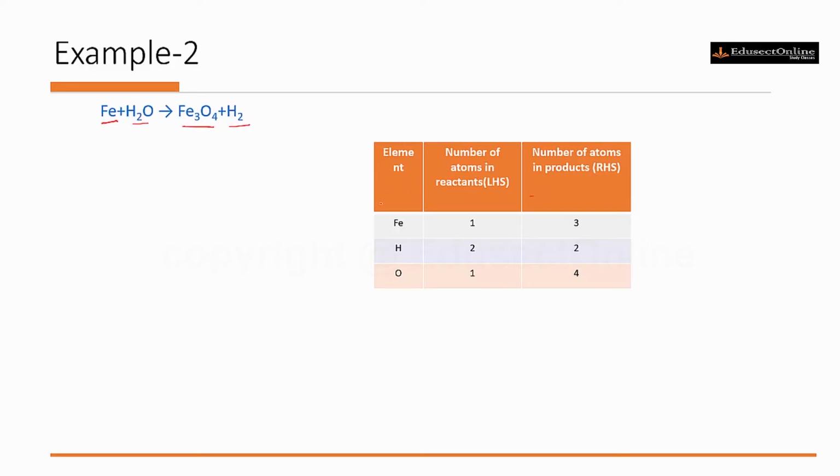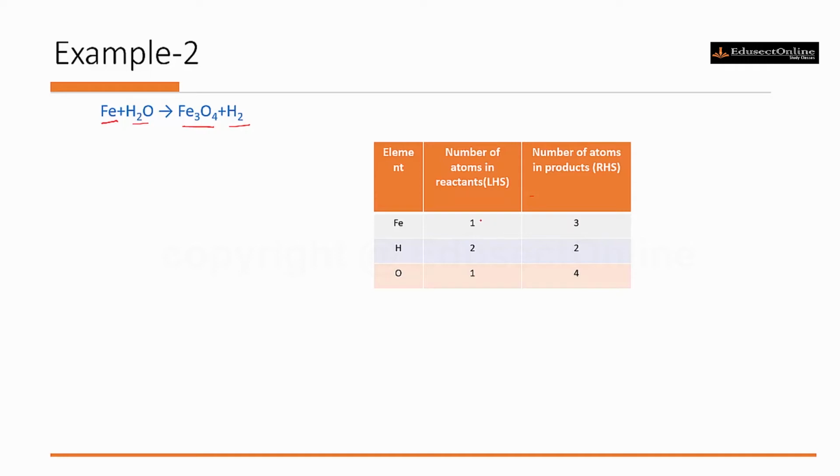The elements in this equation are Fe, H and O. Let's count the number of atoms on both sides. On the reactant side, Fe is 1, hydrogen is 2, and oxygen is 1. I have written all these three in this column. On the product side, Fe is 3, oxygen is 4, and hydrogen is 2. That also I have written in this column.